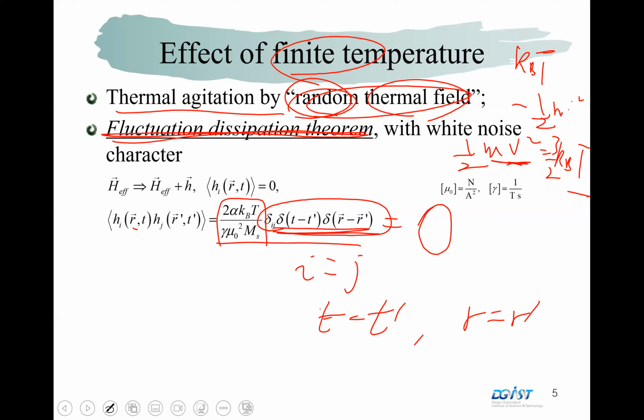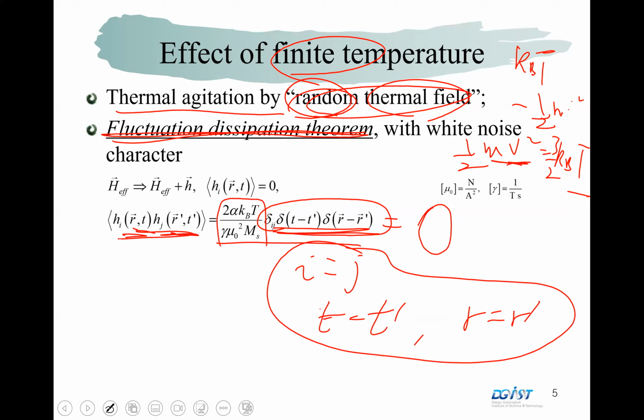So if they are the same, the ensemble average is non-zero, but otherwise it's zero. So they are totally uncorrelated. The thermal field H on this side and the thermal field H on the other side, at a certain time and position, are totally uncorrelated.